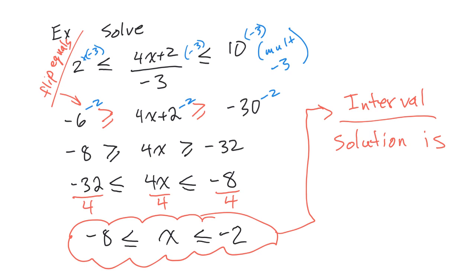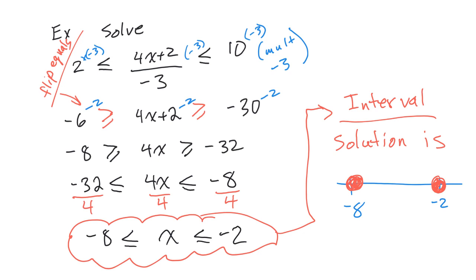Now, you're saying that the x values are between negative 2 and negative 8. So I would draw my number line, negative 2 and negative 8. And because we have an equality sign, we put our circles here at both ends, and because they are equal, we must fill in our circles.